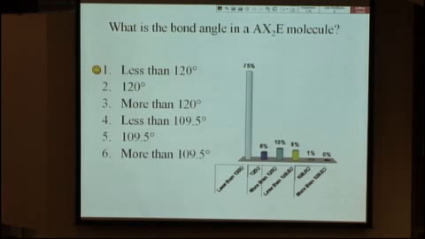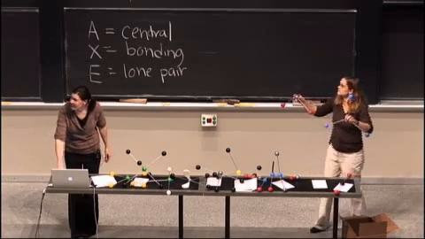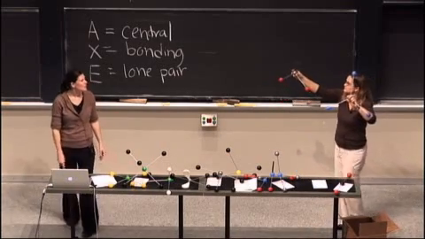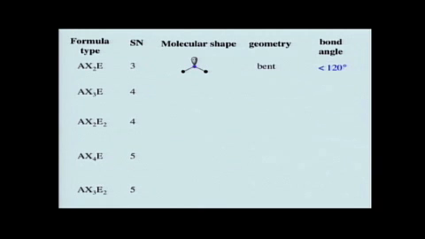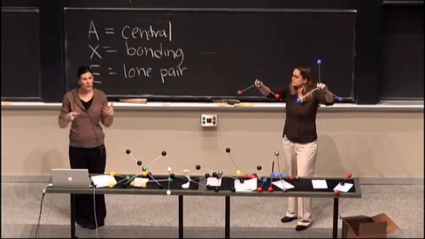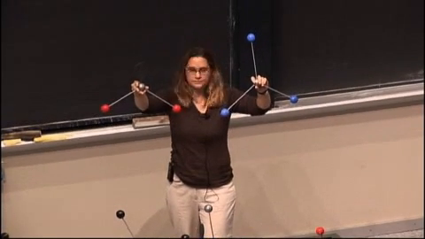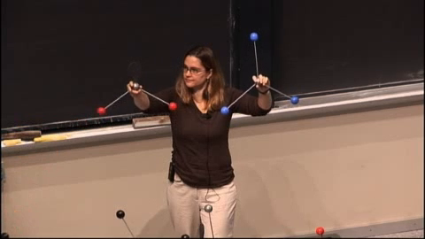Okay, good, 75%. That's not bad. Let's think about why. It's going to be less than 120 degrees, because we know that normally in a trigonal planar situation, we have an angle of 120 degrees. And since lone pairs cause more repulsion, we're actually pushing these two bonds closer together.